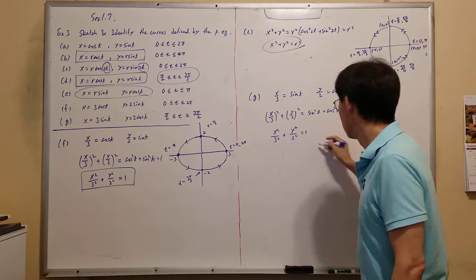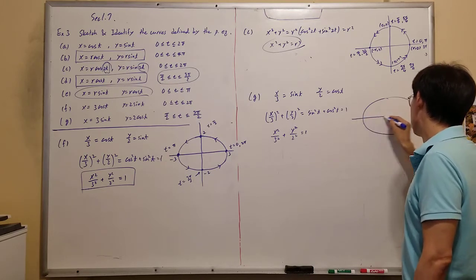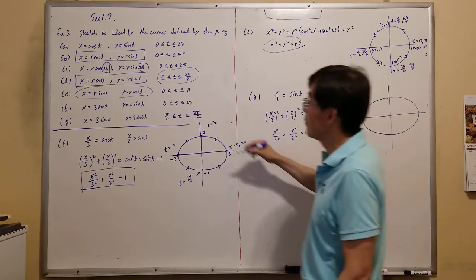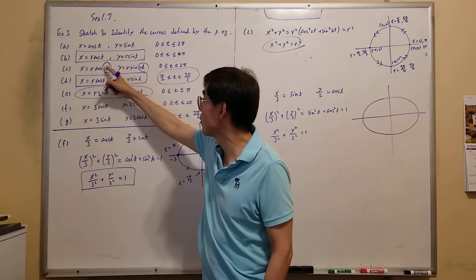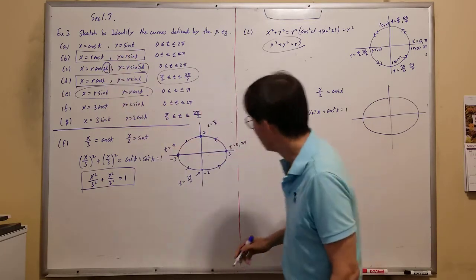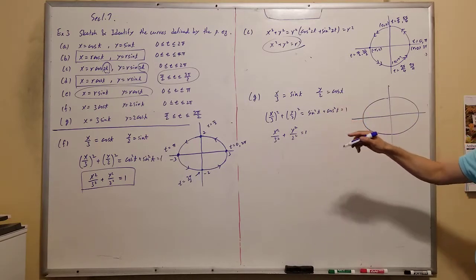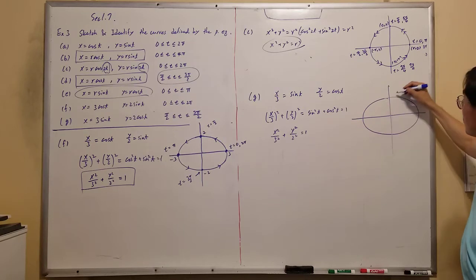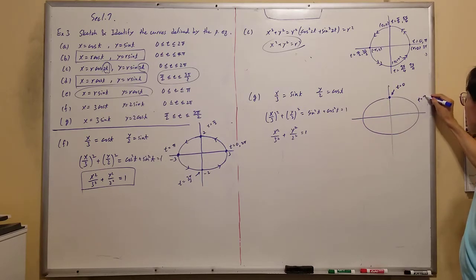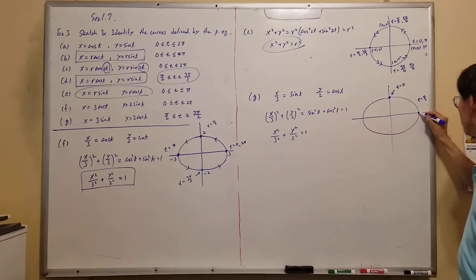What's the difference? Just like the difference between here and here, sine, cosine, cosine, sine to sine, cosine. Here, when t equals 0, you have x equals 0, y equals 2, starting here. T equals pi over 2: x becomes 3, y becomes 0.